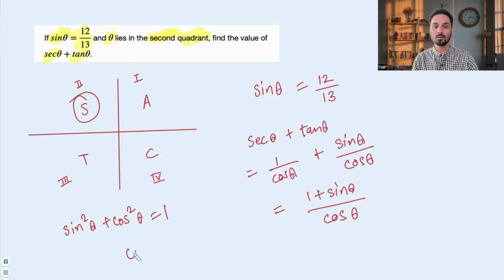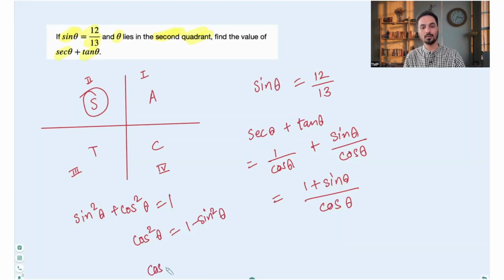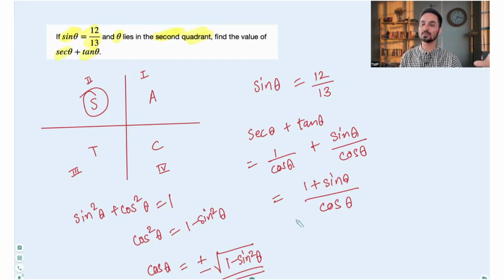That means cos square theta is the same as 1 minus sine square theta, or cos theta is equal to plus or minus square root of 1 minus sine square theta. Now, as in the question, it is given that theta lies in second quadrant. That means the value of cos is negative. So we will take the negative sign and not the positive sign.